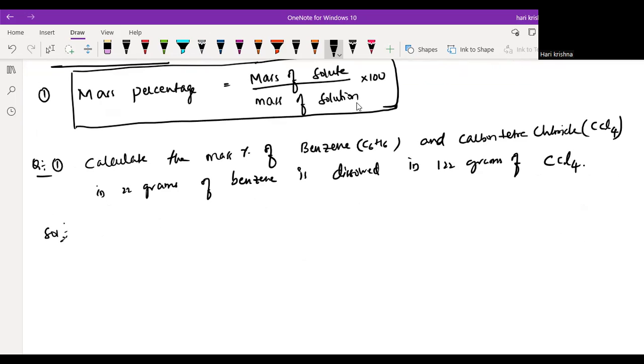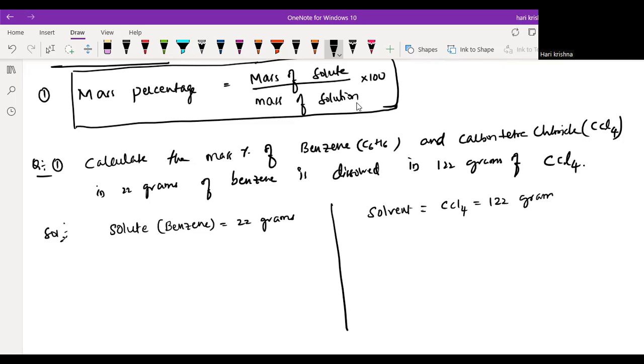So mass percentage of benzene they are asking. So here what is the solute first? Solute is the benzene, right? Because benzene is there, only 22 grams. Now solvent is what? CCl4, which is equal to 122 grams. Then overall solution is how much? 22 plus 122 equal to 144 grams. That is the solution.